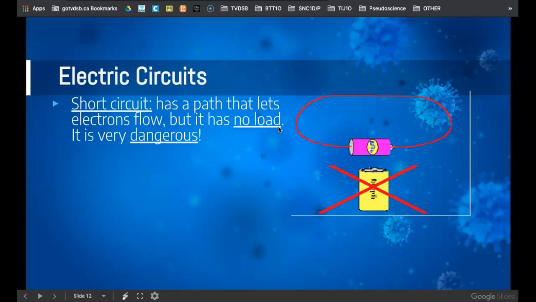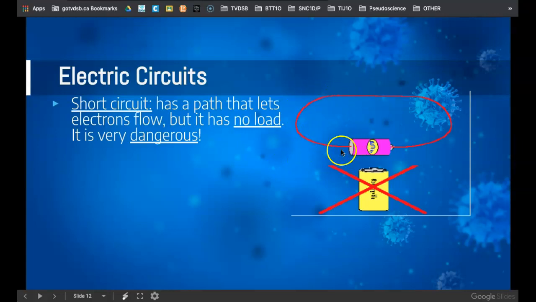That means that there is nothing that is slowing down and consuming the energy of those electrons. And what happens is when any two substances rub against each other, there's friction, and that friction creates heat. And that applies to electrons going through a wire as well.